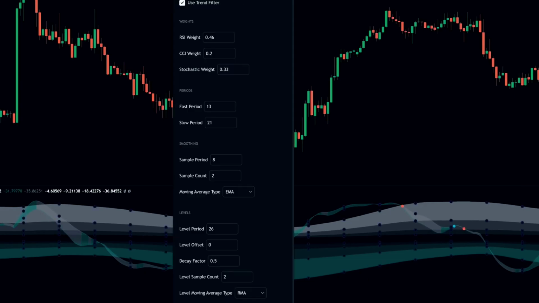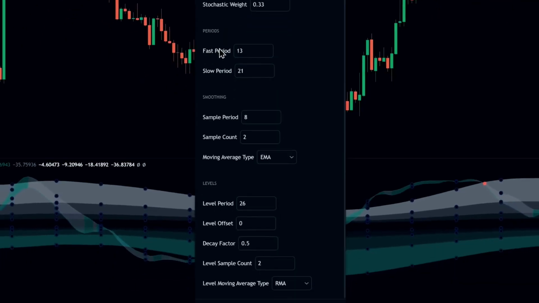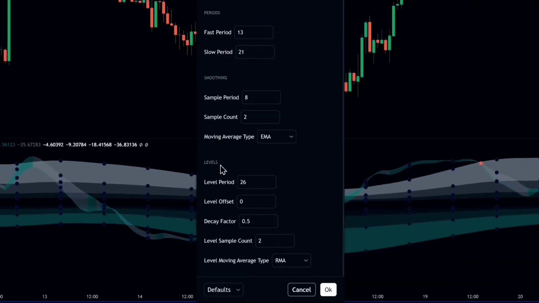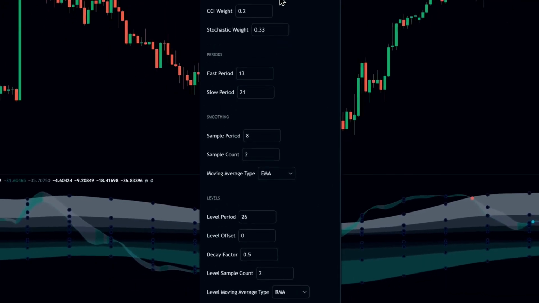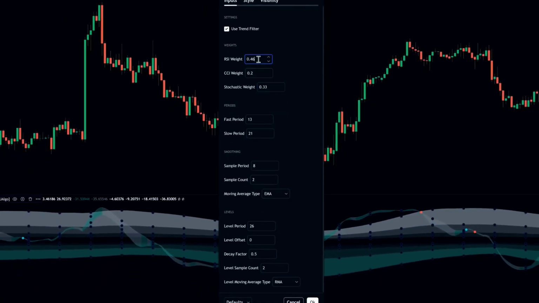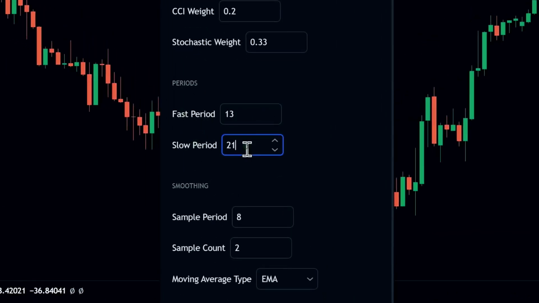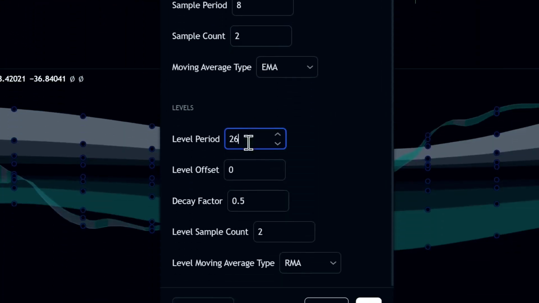Diving into the settings, you'll notice several customization options. The most important one allows adjustments to the individual weights of the RSI, CCI, and stochastic oscillator. You can tweak these settings to emphasize one indicator over the others, depending on your trading strategy. There are also options to modify the periods, smoothing techniques, and levels to fine-tune the indicator to fit your trading style.